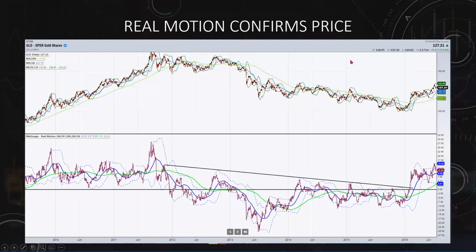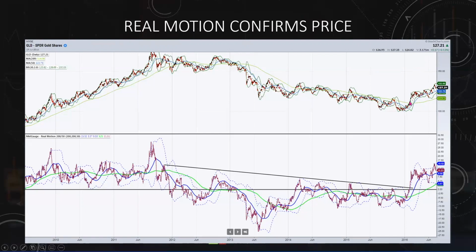After a big run-up, you had a pretty nasty sell-off, and was not really clear, but I'll tell you, it became really clear. I put this trend line on our real motion on GLD, and you had a breakout, and that breakout occurred over the 200-day moving average of real motion, well ahead of the price.